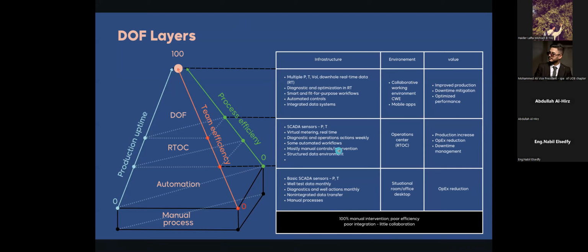If we jump to RTOC, it's weekly, but now we can optimize our wells daily or maybe even every half day. So now we have more tools and more technologies that can help us improve our production, decrease our downtime, and optimize our performance in all our field. And all of that gives us more tools in our field to continue producing as planned.